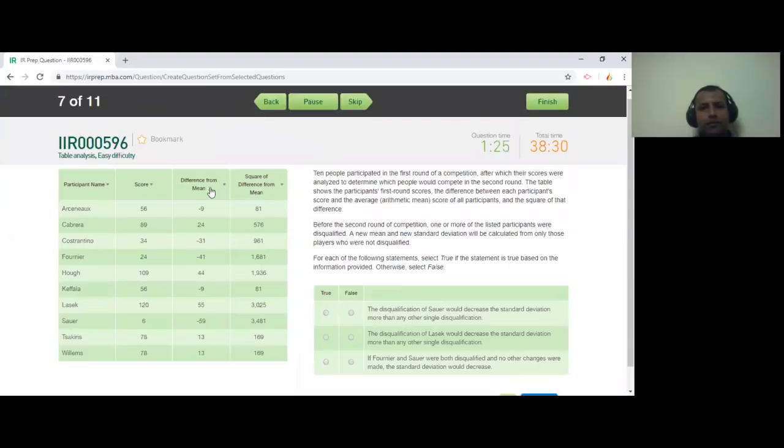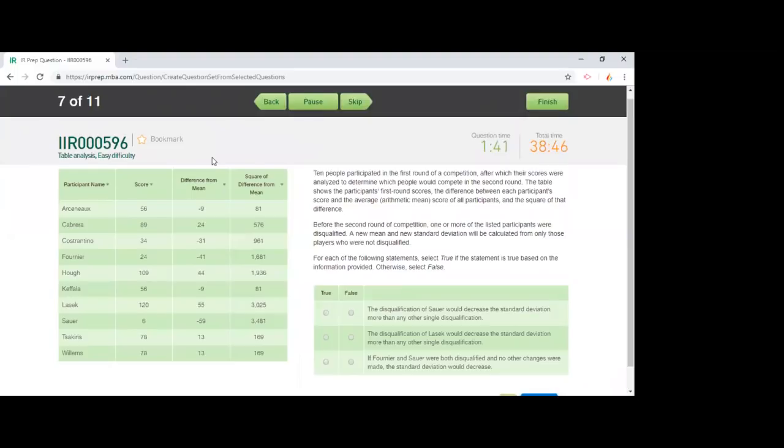Would you like me to sort as per any of the three? So I think for this one, when we're talking about the standard deviation, it's basically the square of the difference from the mean.